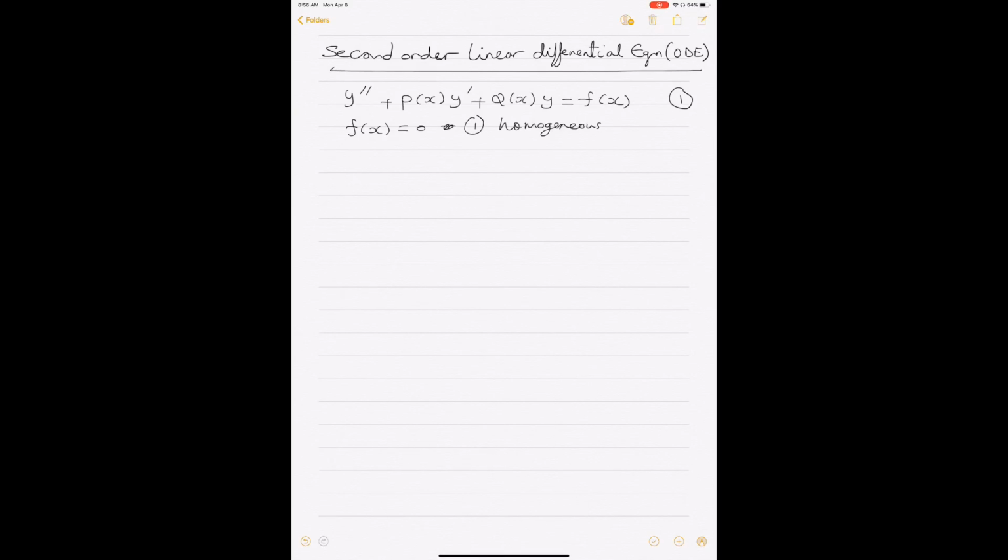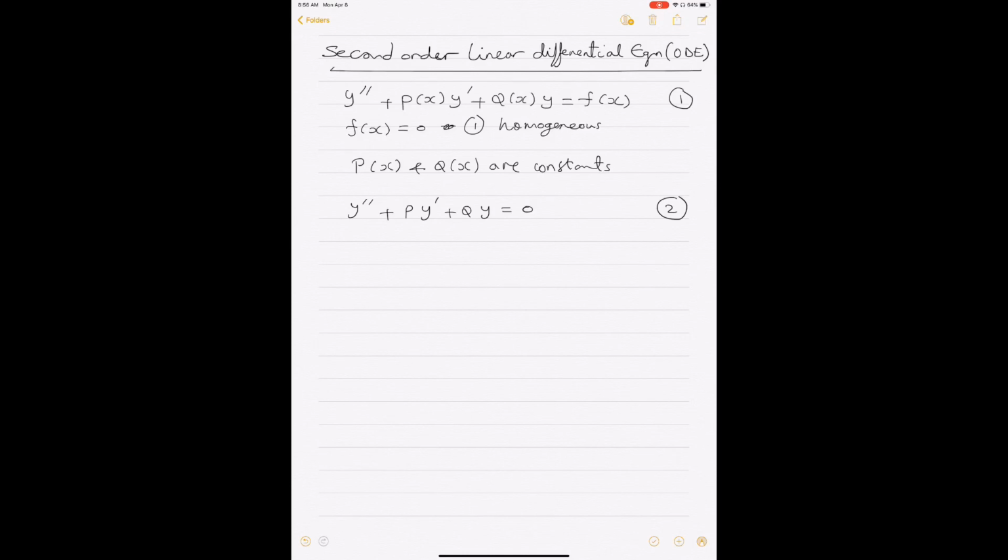In this lesson, we will only deal with homogeneous second order equations with constant coefficients. So we will also assume p of x and q of x are constants, and therefore equation 1 reduces to the following: y double prime plus p times y prime plus q times y equal to 0.